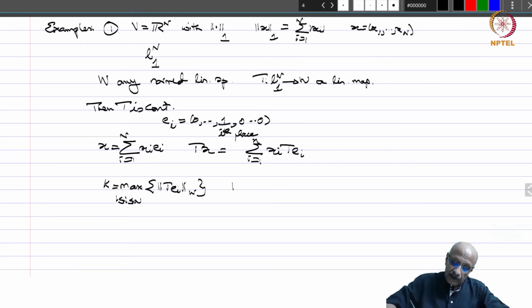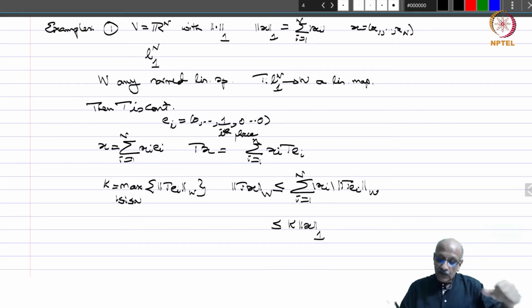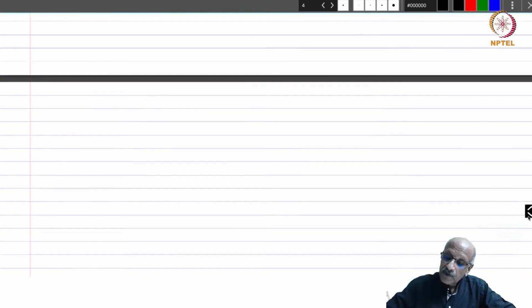Now by the triangle inequality, you get that norm Tx in W is less than or equal to sigma i equals 1 to n mod x_i norm T e_i in W, which is less than or equal to k times sigma mod x_i, which is nothing but norm x_1. And therefore, by the definition of continuity, T is a continuous map. So this shows that every linear map from l^n_1 to any normed linear space is automatically continuous.